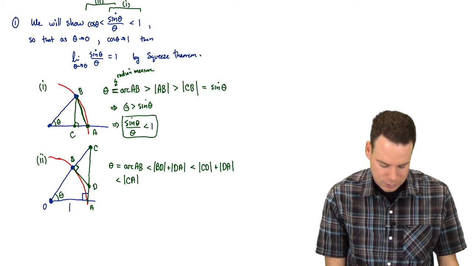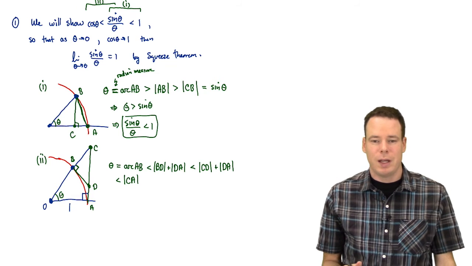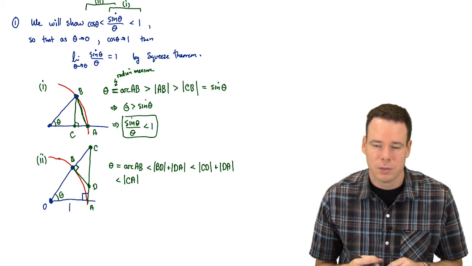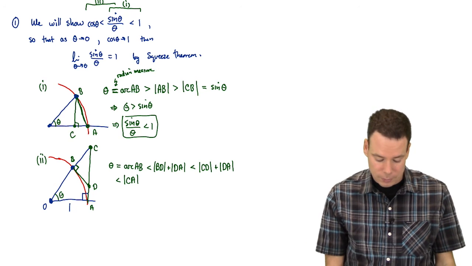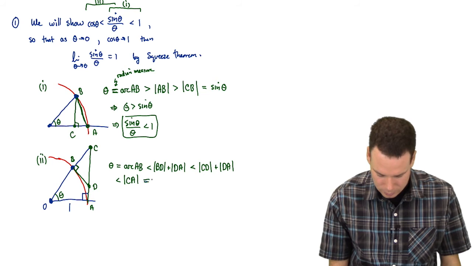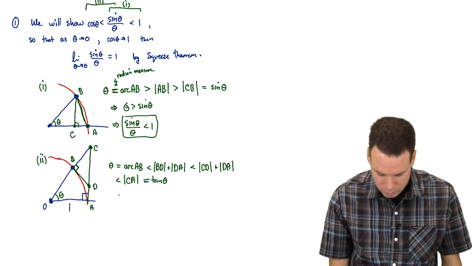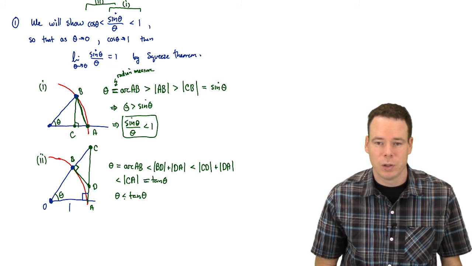The other side is CA, and the angle is theta. What relationship do I have between the two sides of the right triangle and its angle? The relationship is tangent. So this is tan theta. So we've got that theta is smaller than tan theta. All of that work was just to get this inequality that theta is smaller than tan theta.